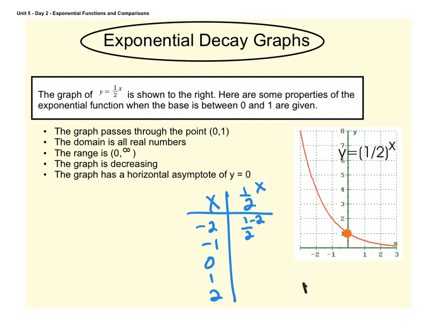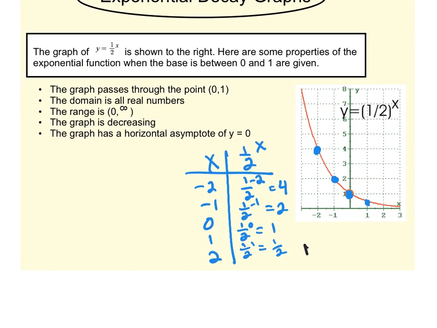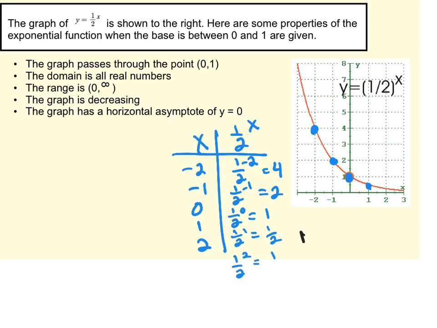So instead of 1/4, it's going to be 4 over 1. 1/2 to the negative 1 flips half, and you get 2. 1/2 to the 0: remember, all exponential functions go through 0, 1. 1/2 to the first, you get 1/2. 1/2 to the second power, you get a fourth, and then an eighth, and then a sixteenth, and then 1/32. If you continue to cut in half, you'll get really, really close to 0 without crossing. So we have a horizontal asymptote here.